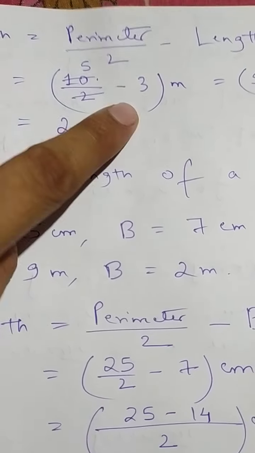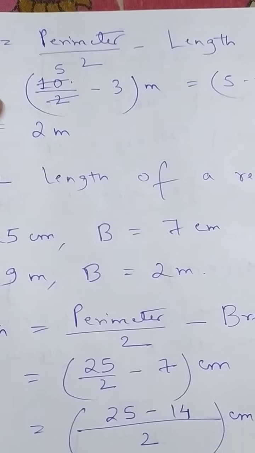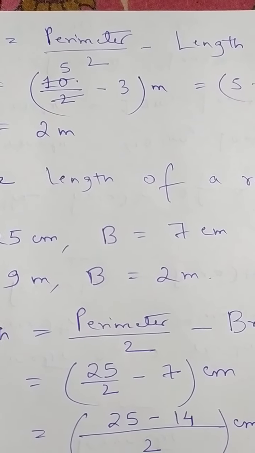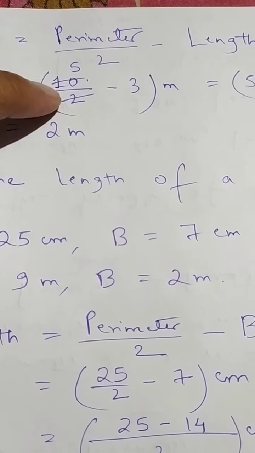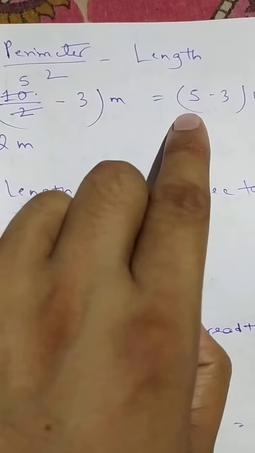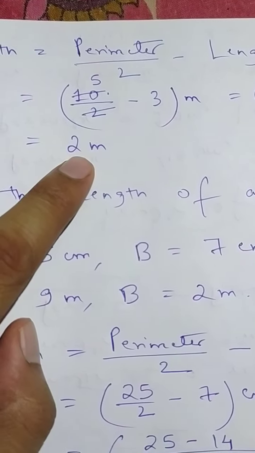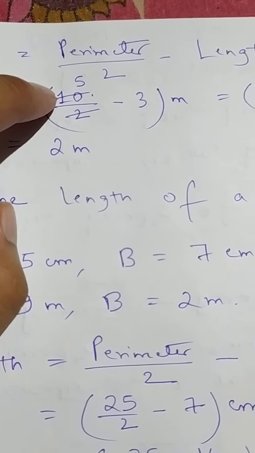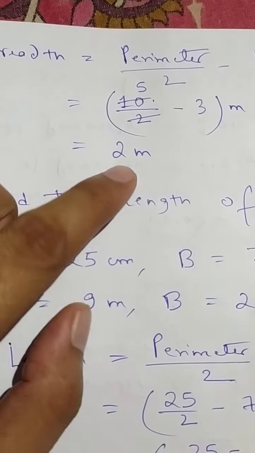So 10 by 2 minus length is 3. The question is given in the previous page, okay? So 10 by 2 means cancel, 5. So 5 minus 3. Here the unit is meter. So 5 minus 3 means 2 meter. So if perimeter is 10 meter and length is 3 meter, by this formula your breadth is coming how much? 2 meter.